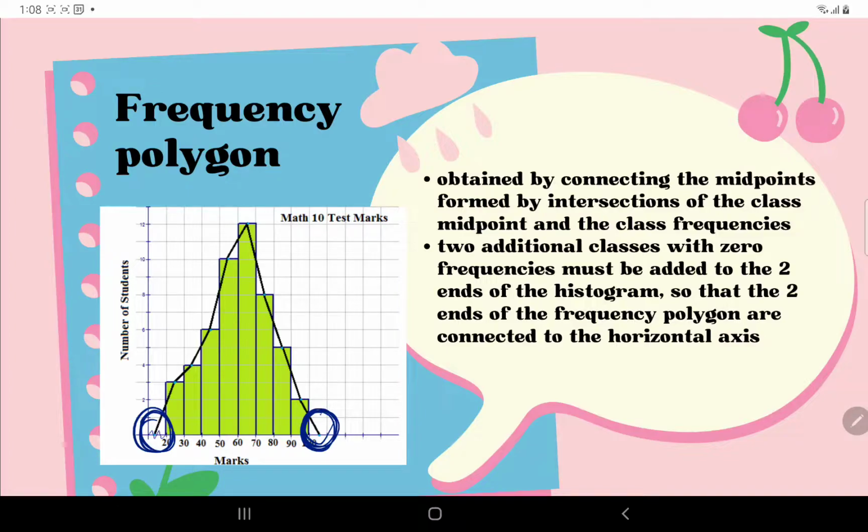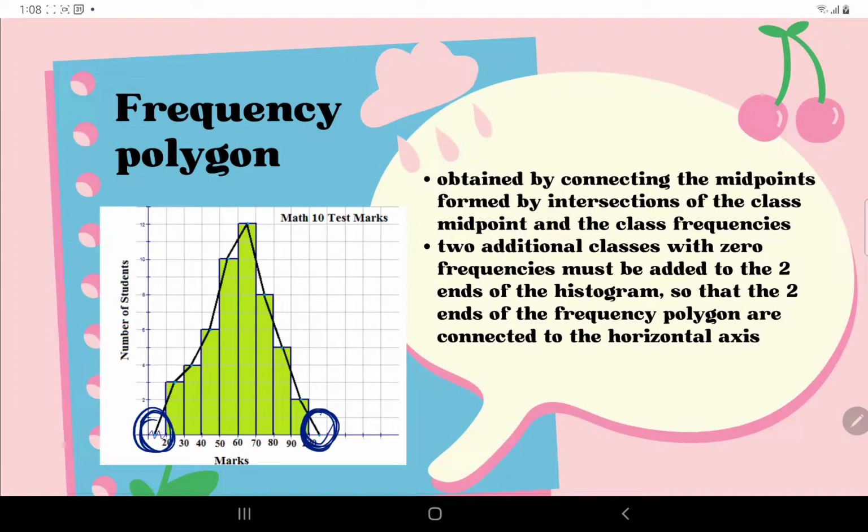So in this graph, the green bars are our histogram, while the line here, you can see the line, we call it the frequency polygon.